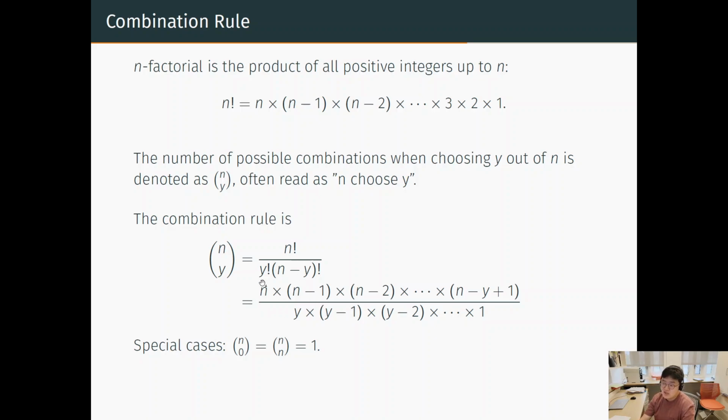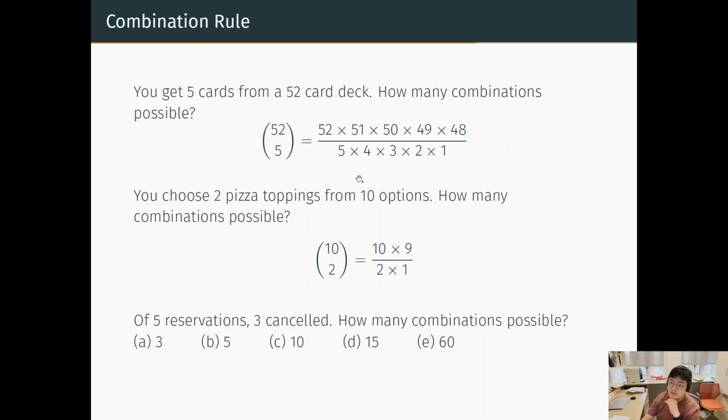So in the end, you can think of the formula this way. You will have multiplication in the numerator and the denominator. The numerator starts from n, the denominator starts from y and goes down to 1, and the numerator goes down to n minus y plus 1. In other words, you multiply the same number of numbers, but the numerator starts from n and the denominator starts from y. So back to our example.